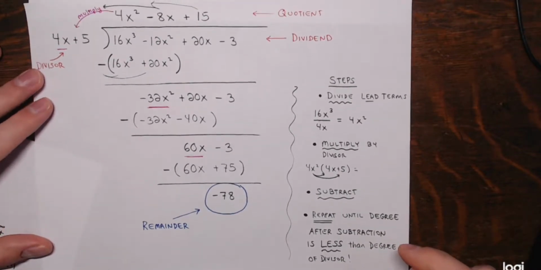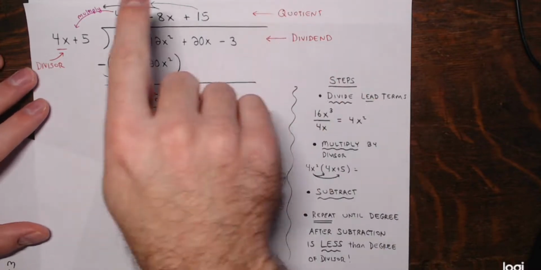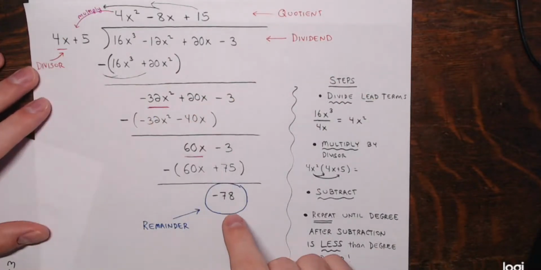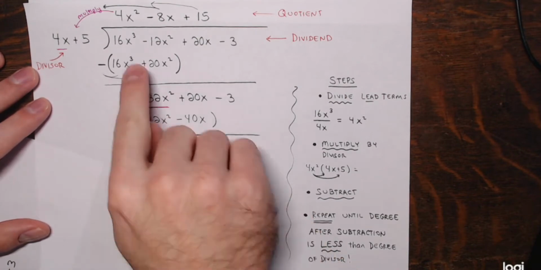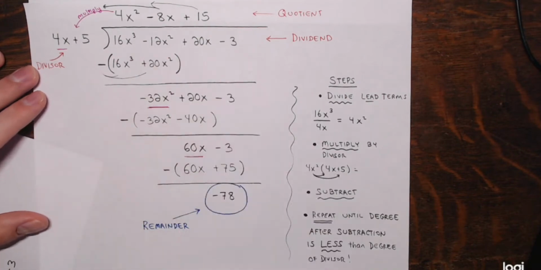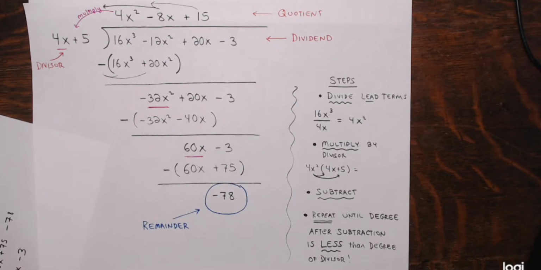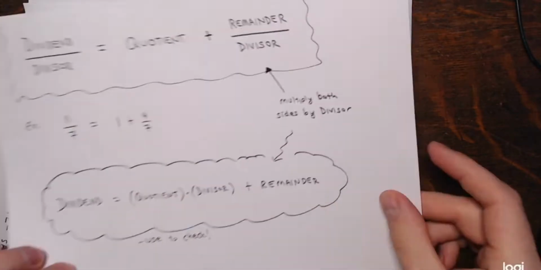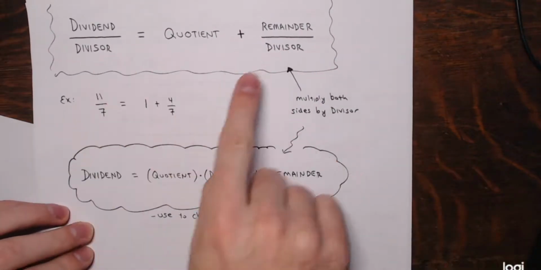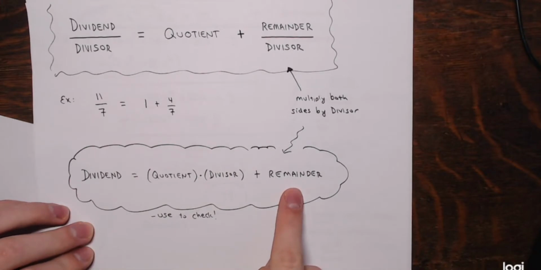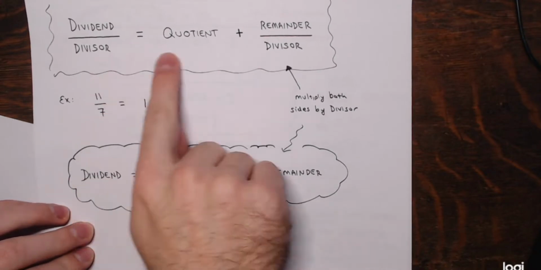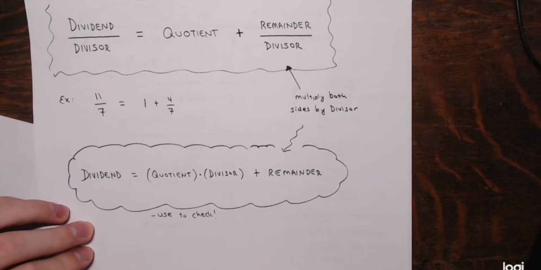And then if you want to check, take the quotient times the divisor and then add the remainder, and you should get the dividend, as I stated here. Both of these are the same equation, basically. Both of these are the way you can express the result of a division problem.